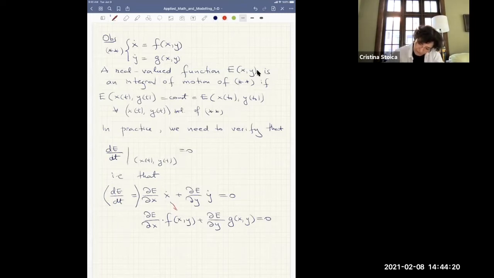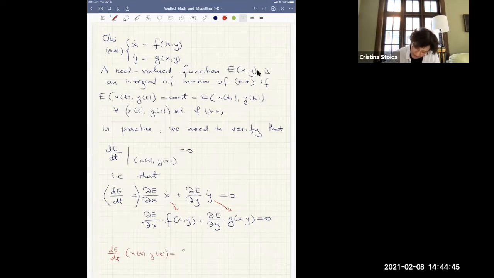So we need to verify that the derivative of this E function along the flow of the system is 0. And this along the flow, in words, means practically when we do the chain rule here, because this is what I'm doing. I'm doing dE/dt along x of t, y of t. And now you'll know why you had homework, the chain rule.